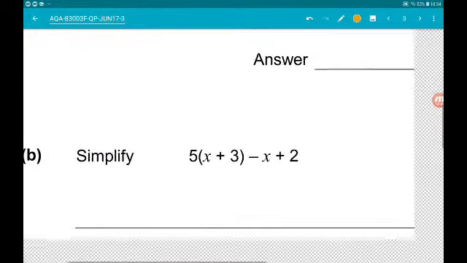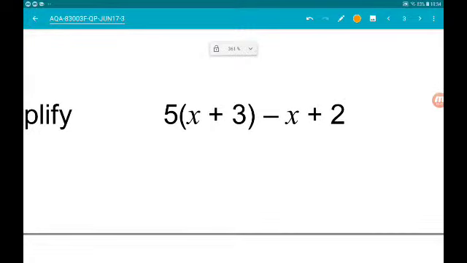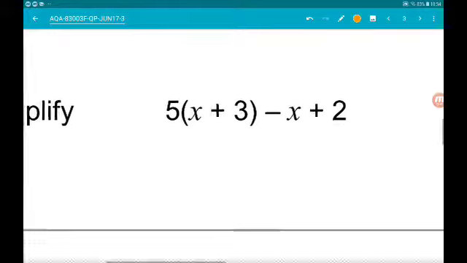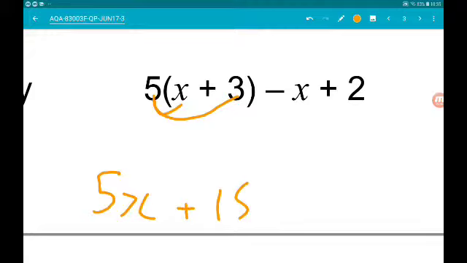Part b wants us to simplify 5 lots of x add 3, minus x add 2. So we need to expand the bracket. 5 times x is 5x. 5 times positive 3 is add 15.